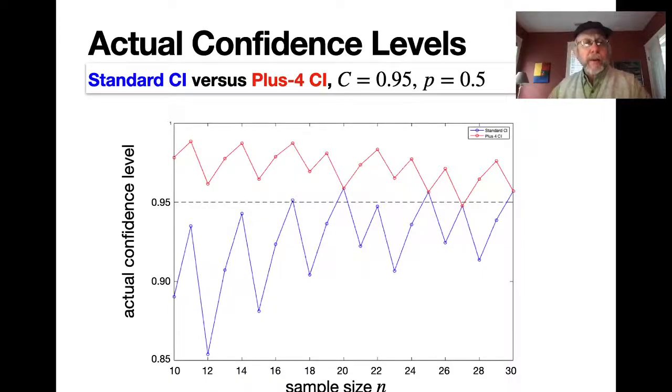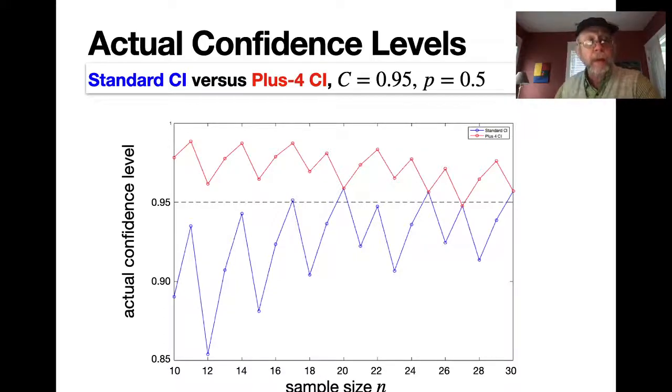And what you see there is the blue curve, the confidence intervals calculated by the standard method, is underperforming. Its actual confidence level varies between, looks like, 85% and maybe up to 95 and a little bit more.